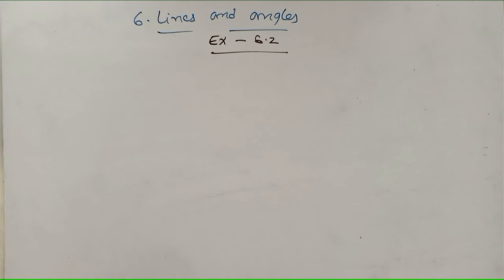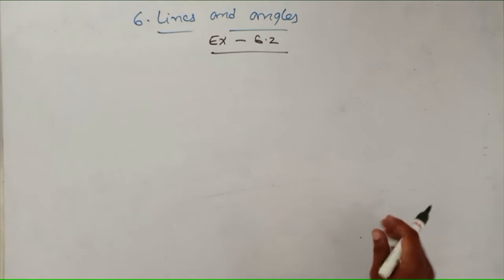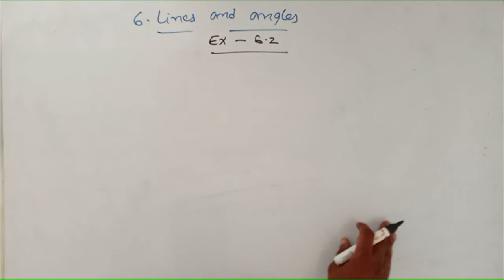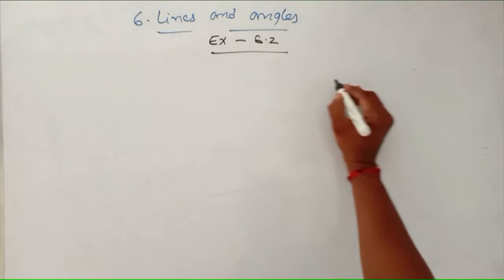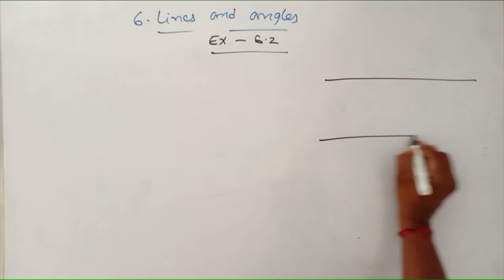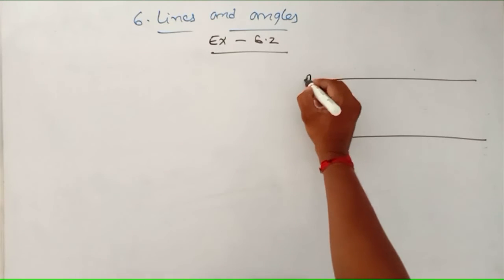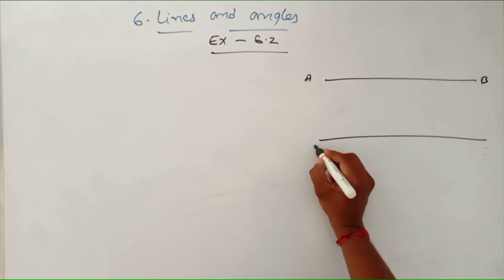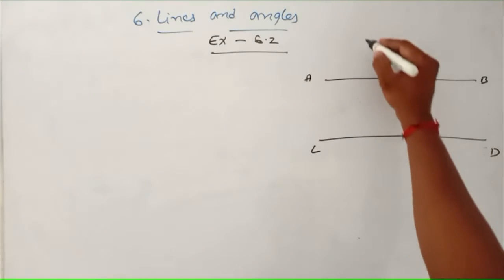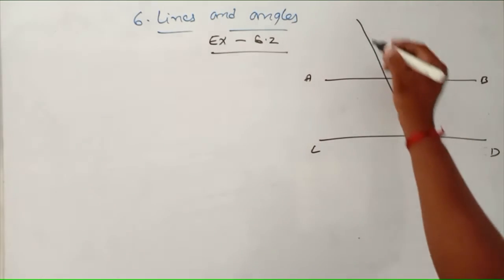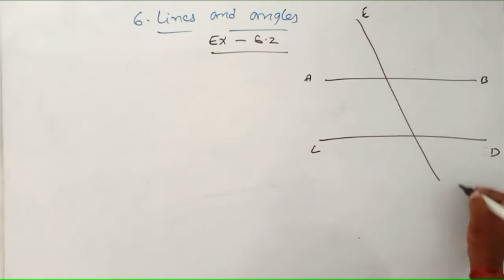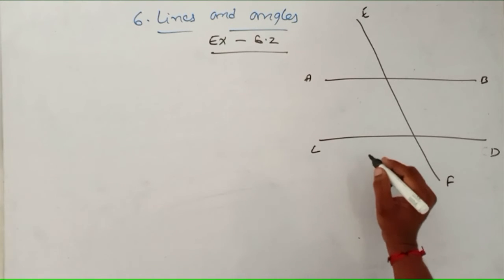Children, next we'll start exercise number 2. In the given figure, find the values of x and y, and then show that AB is parallel to CD. So here this is the figure. AB and CD are two parallel lines, and EF is a transversal.